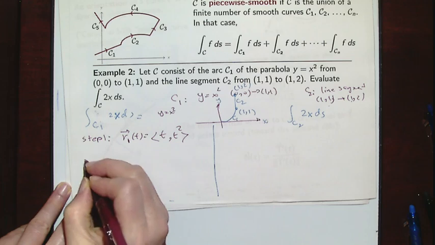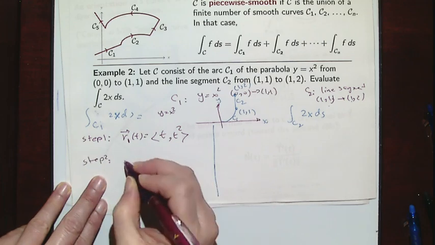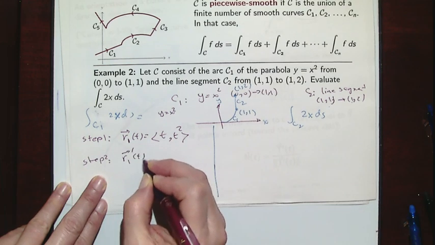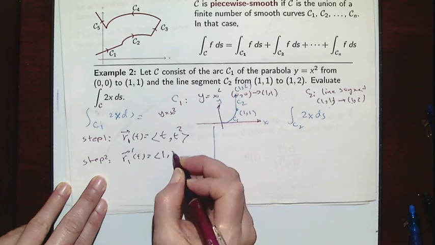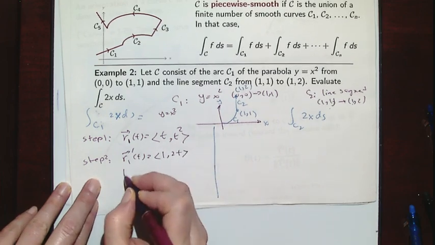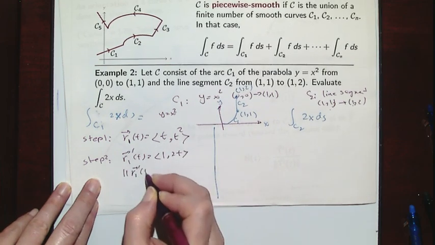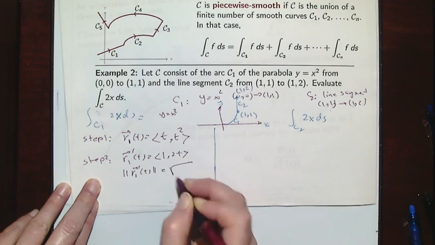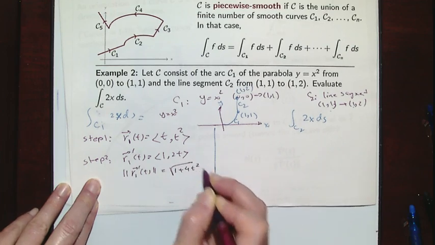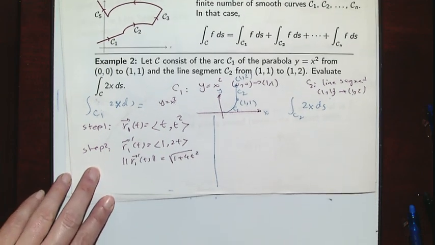You good? Step 2. What is R1 prime of t? What is the magnitude of R prime t? Do you guys agree? Agreed?